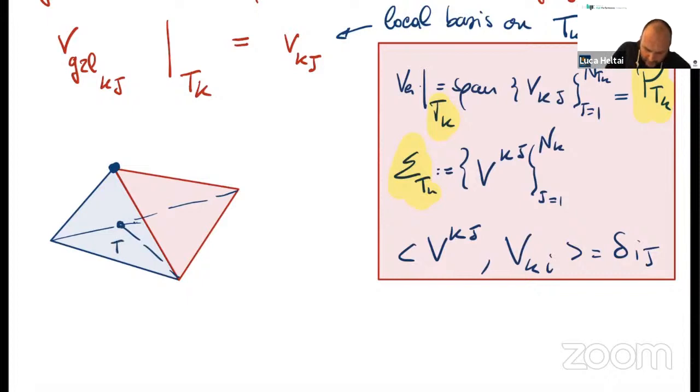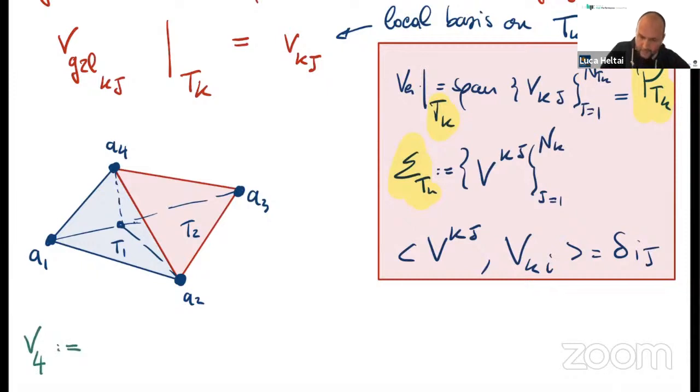So we have T1 here, T2 here, and here I have 4 support points, A1, A2, A3, and A4. And what I am plotting here on this graph is V4. Okay, so V4, which is coincident. Let me write this V4 in green. So V4 is defined as.